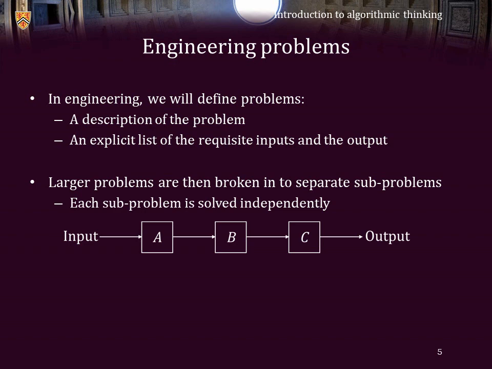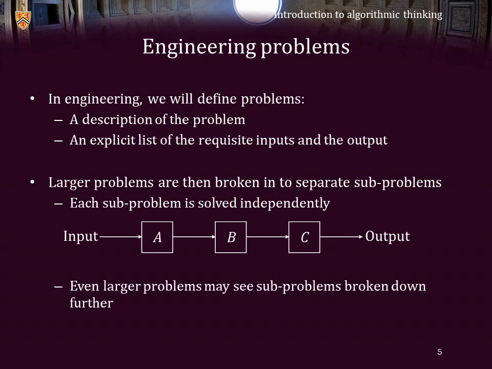Each subproblem is then solved independent of the others. So, for example, the input is given to subproblem A, which is then solved. The output of subproblem A becomes the input of subproblem B. Subproblem B is then solved. Its output becomes the input to subproblem C, which then produces the final output.